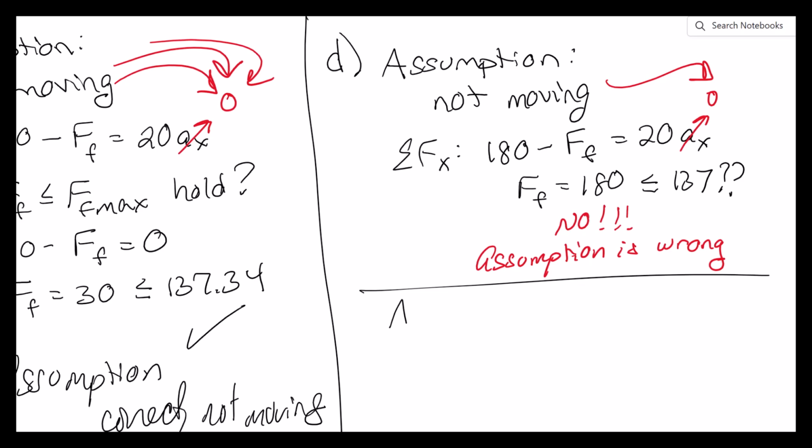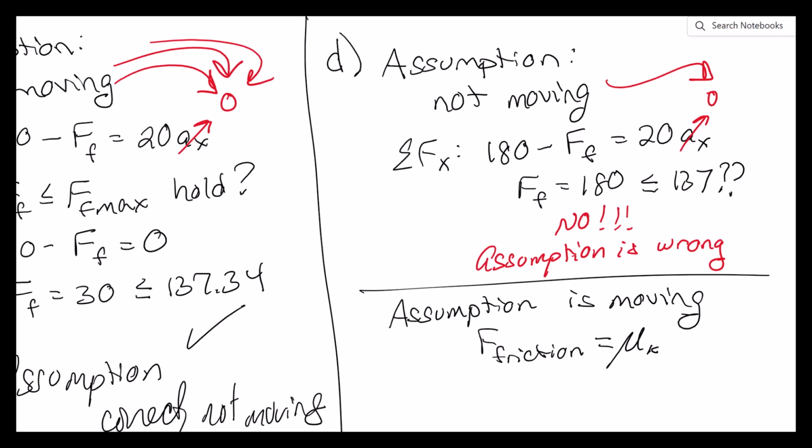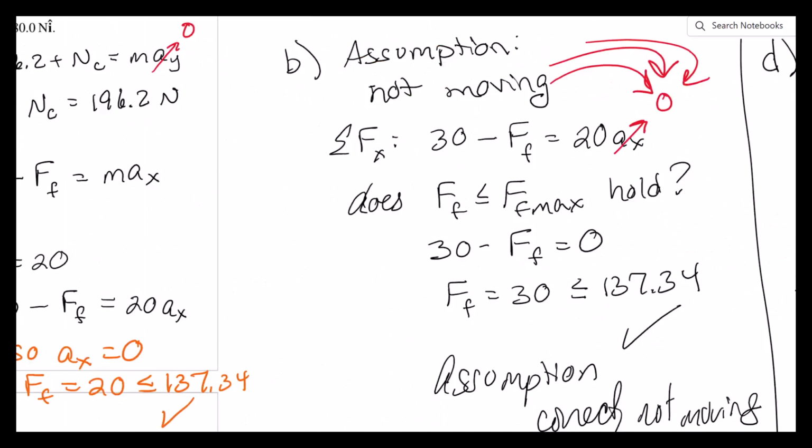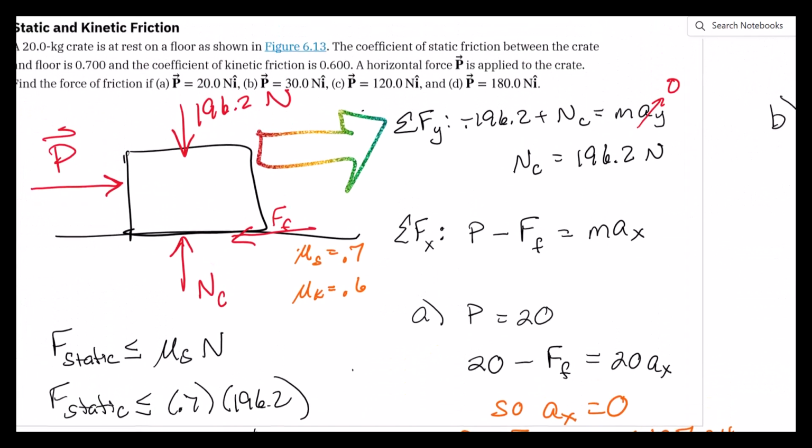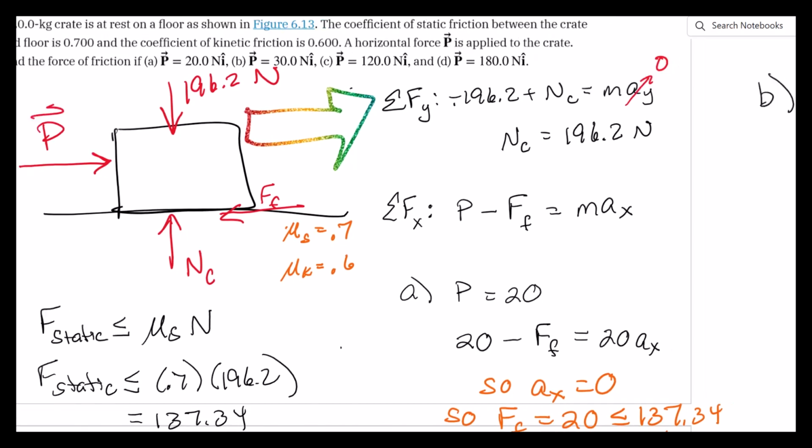So now we have to make an assumption that it is moving, I guess. That would be the only thing that makes sense. So since it is moving, then that means the force of friction is now the kinetic friction coefficient, 0.6, times the normal force.